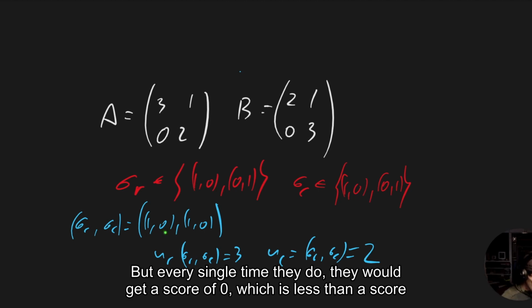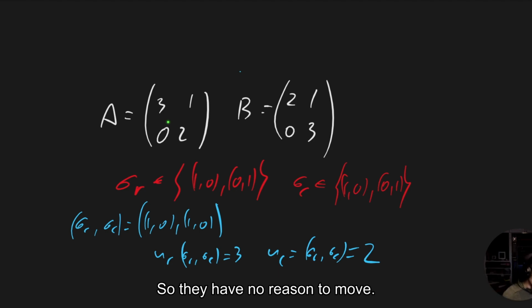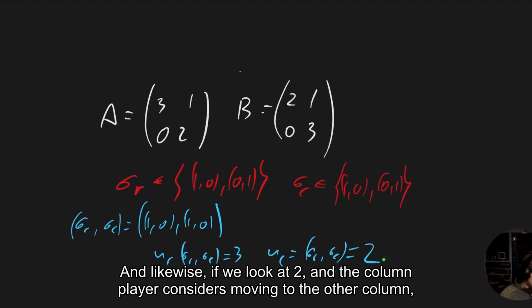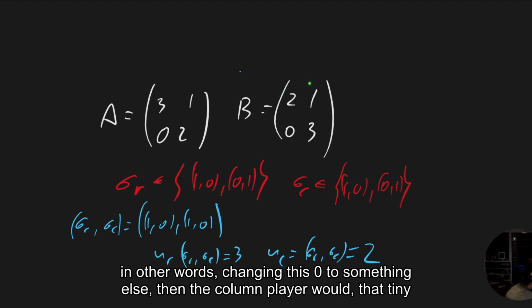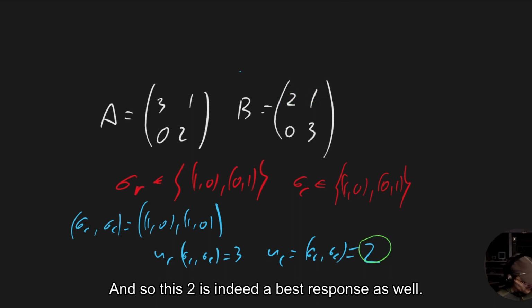But every single time they do, they would get a score of 0, which is less than a score of 3, and so they would not get the best they could do, so they have no reason to move. 3 is in fact the best they could do against 2. And likewise, if the column player considers moving to the other column, in other words, changing this 0 to something else, then that tiny bit of time they do that, they would get 1 instead of 2, and so this 2 is indeed a best response as well.